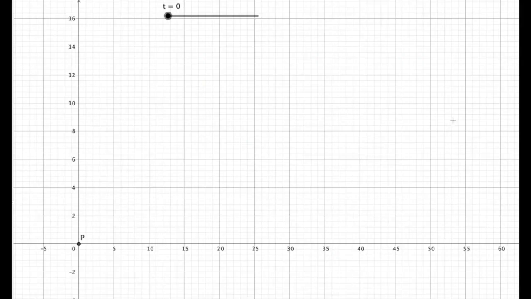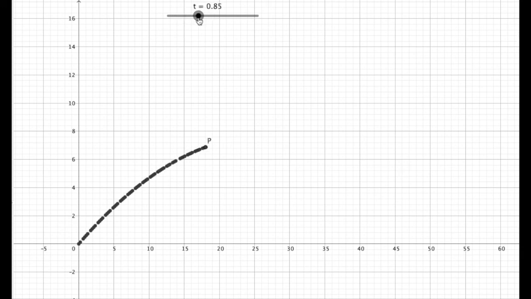Just for a bit of fun, we'll have a look at what this would look like in real life. If we slide this along, P starts to make its parabolic path.